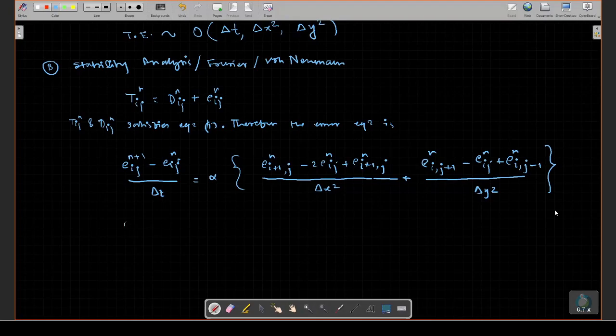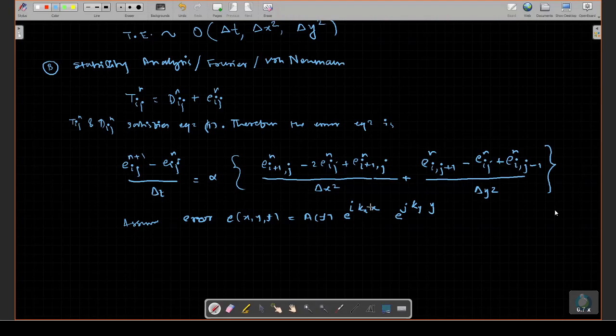Now what do you assume? Assume error E, which is a function of now x, y and t, time, is equal to some amplitude and exponential parameters: exponential of iota kappa x times x, similarly j kappa y times y.